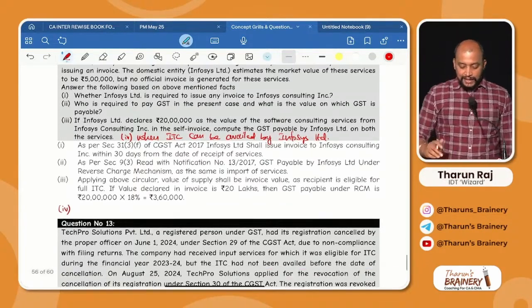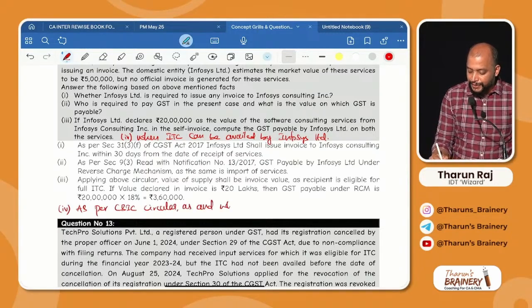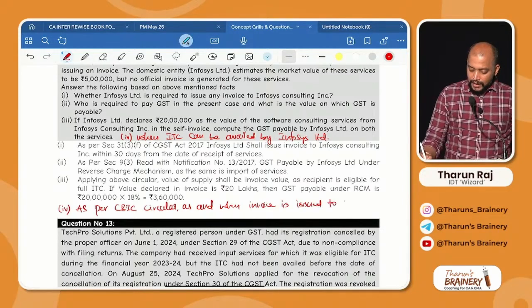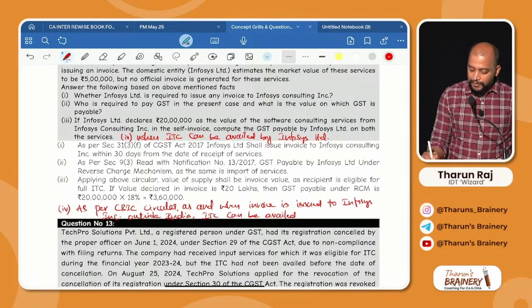So as per CBIC circular, as and when the invoice is issued to Infosys Incorporation outside India, ITC can be availed by Infosys Limited.